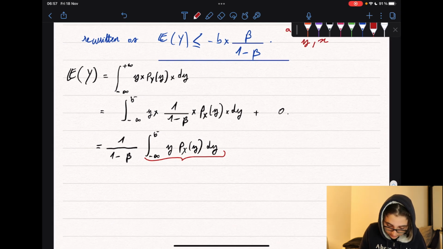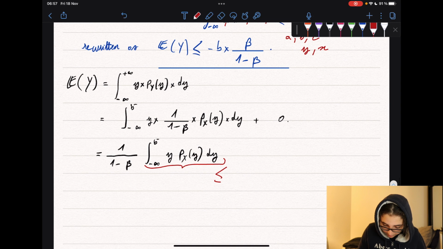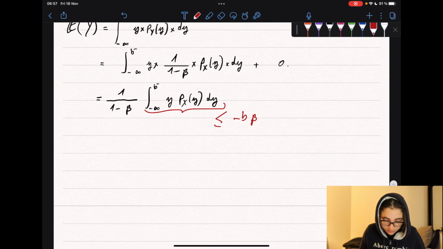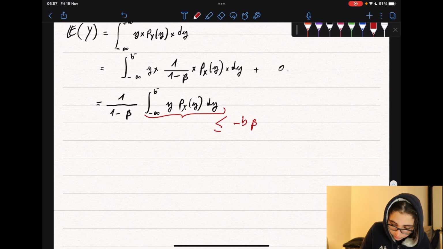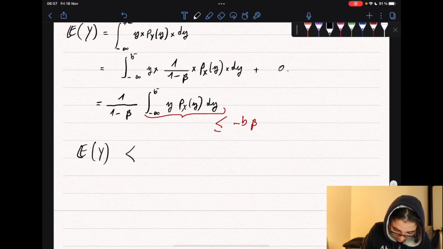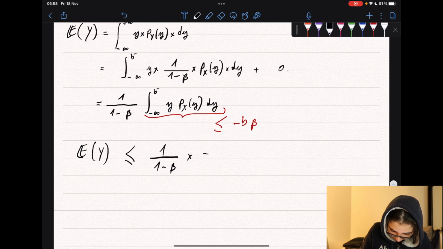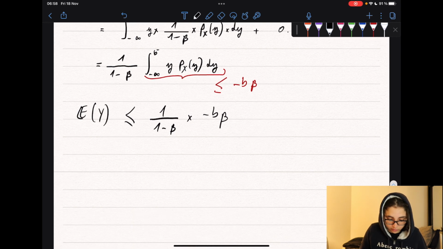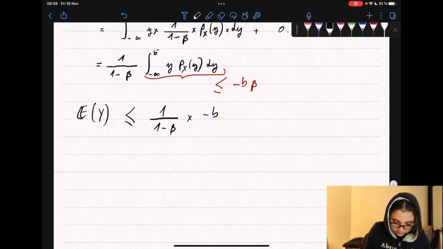And so this integral is less than minus b beta, from what we have previously shown. And this will allow us to draw the conclusion that E[y] is less than 1 over 1 minus beta times minus b beta, which is exactly what we're looking to prove, and we're just going to rewrite it in a way that removes this one here.